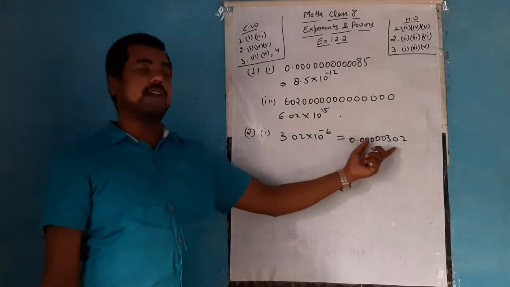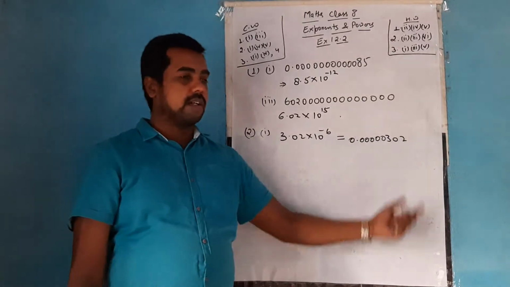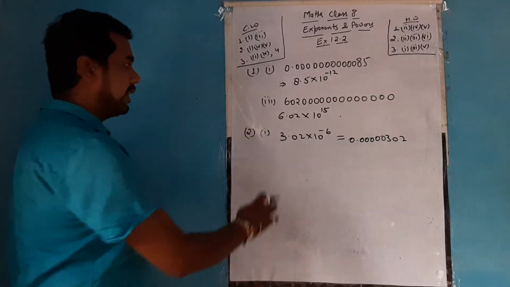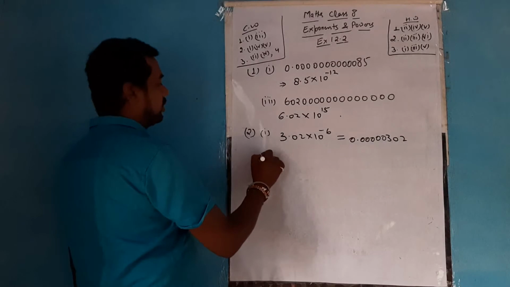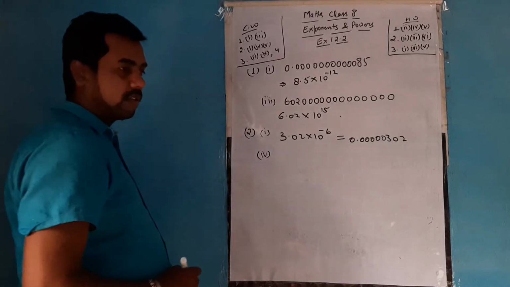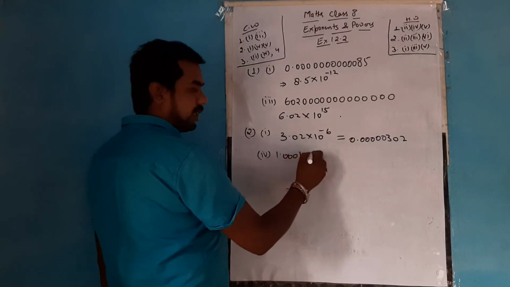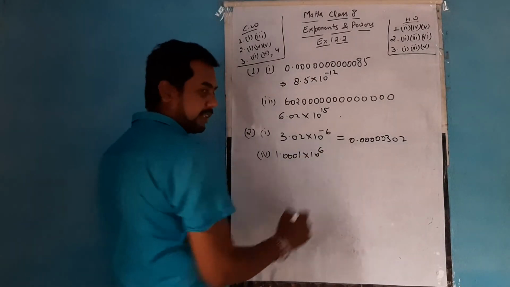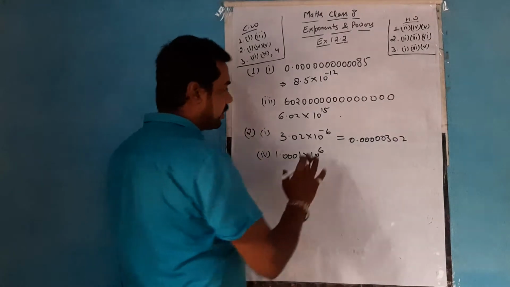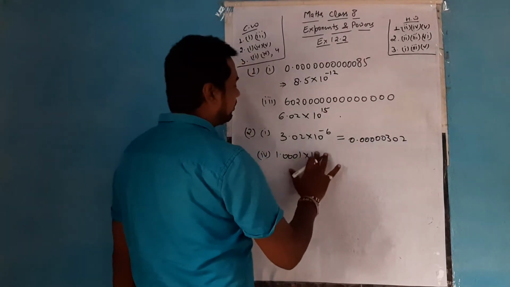This is the number which has to be expressed in the usual form, and it is given as the standard form. Similarly, when you check the fourth part, which is 1.0001 into 10 to the power 6. Sorry, it is 10 to the power 9.